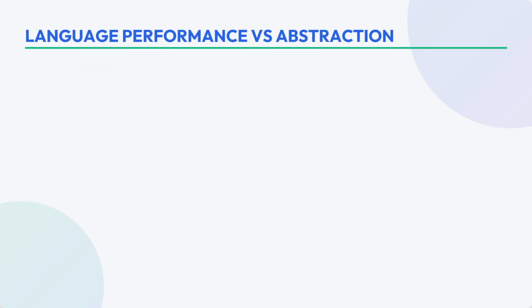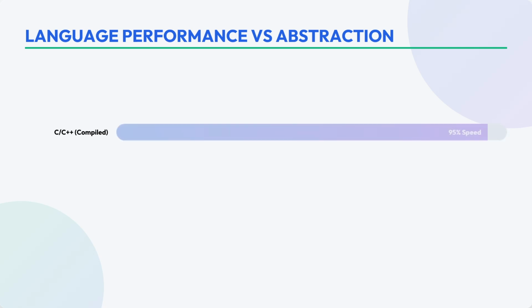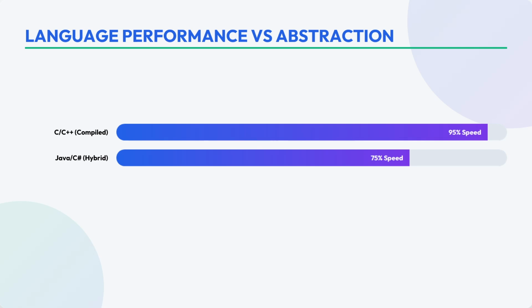Language performance and abstraction. Here we have mainly three different languages which have different levels of performance and abstraction in real world applications. First is C and C++, which are compiled languages, with about 95% speed, widely used across the world. Next is C# and similar hybrid languages, with a speed of 75%.